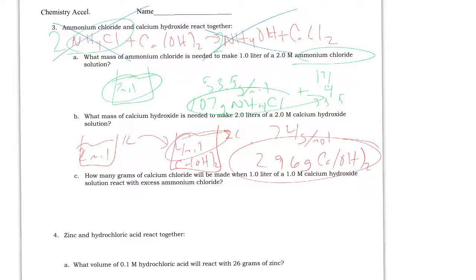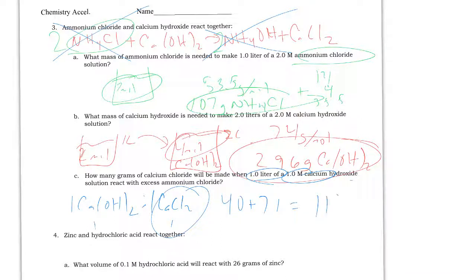There's 1 Ca(OH)2 to 1 mole of CaCl2. So it's 1 liter, 1 molar, so that means we need 1 mole of Ca(OH)2, and that means we'll get 1 mole of CaCl2, so it's just the molar mass of that. So that's 40 plus 71 is 111 grams of CaCl2.